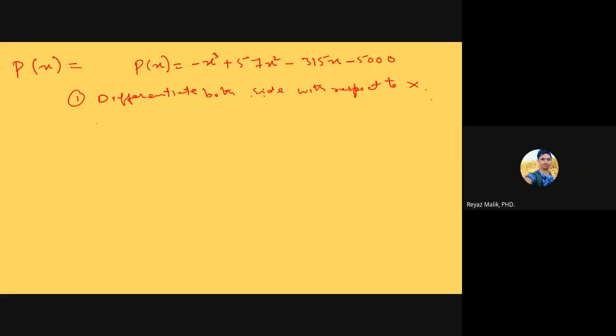It is not partial differentiation, it is full differentiation. So we will write directly dP by dx. This is a profit function, that's why we are writing like this. Then it will be minus 3 into x raised power 2 plus 57 into 2 into x raised power 1 minus 315.